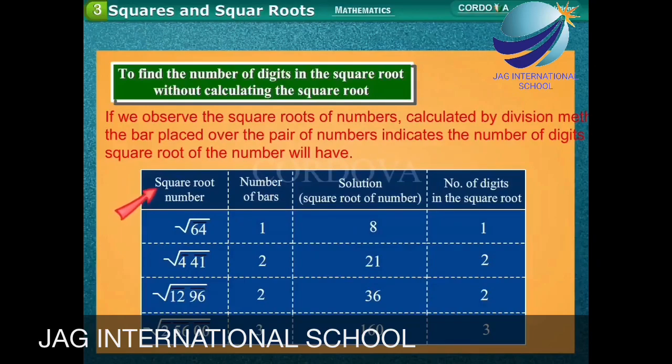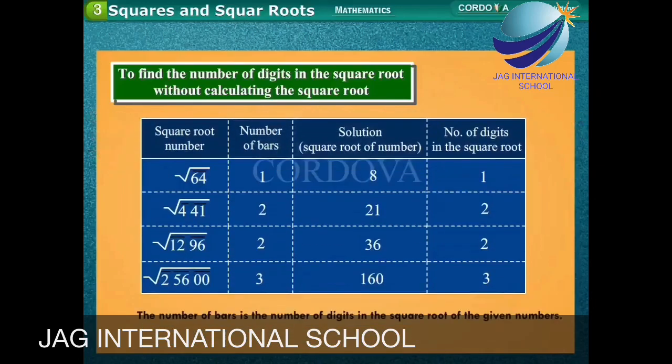The number of bars is the number of digits in the square root of the given number.